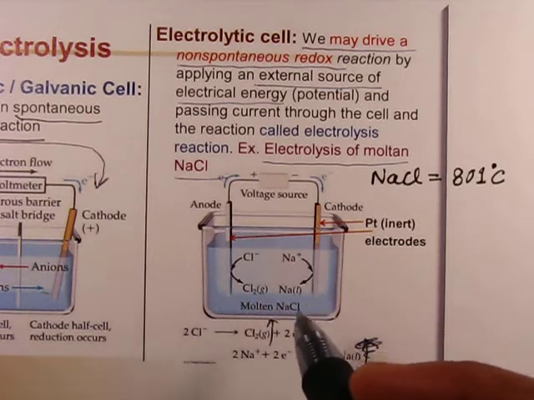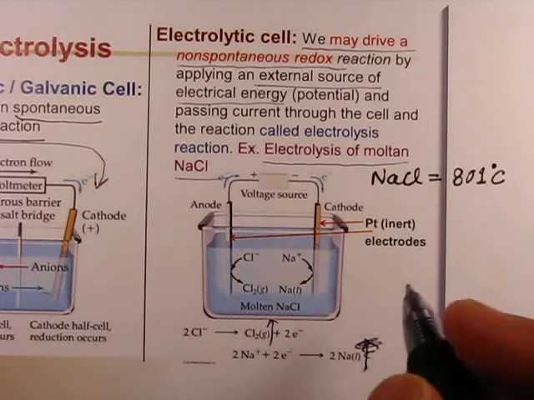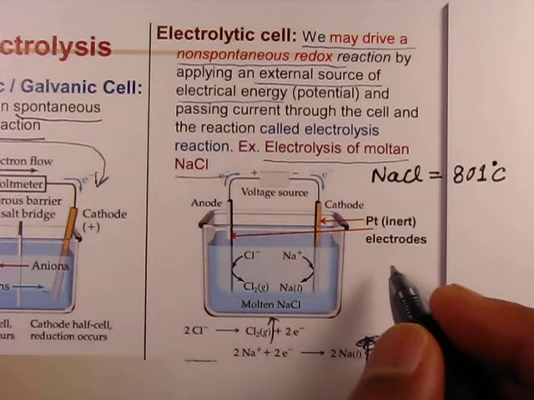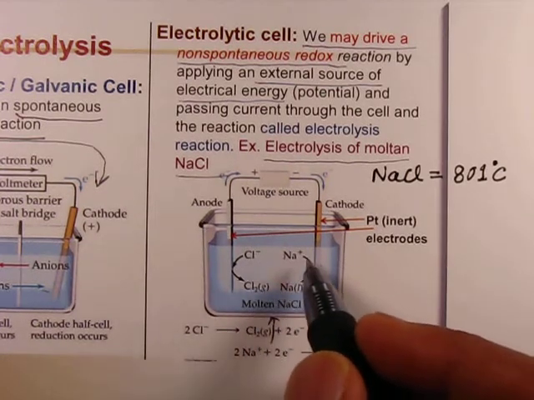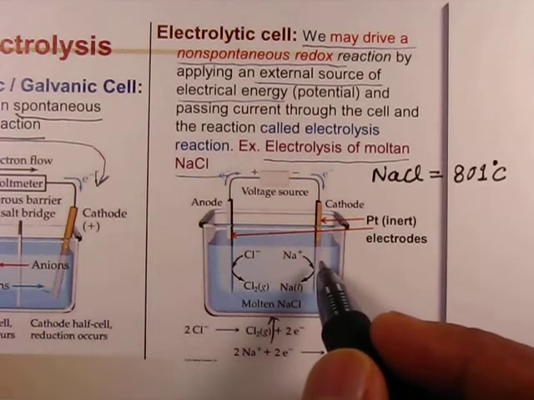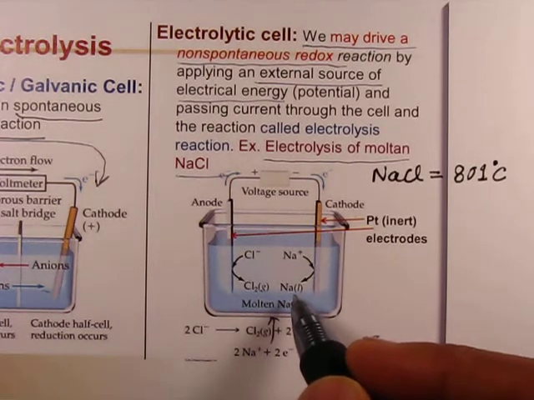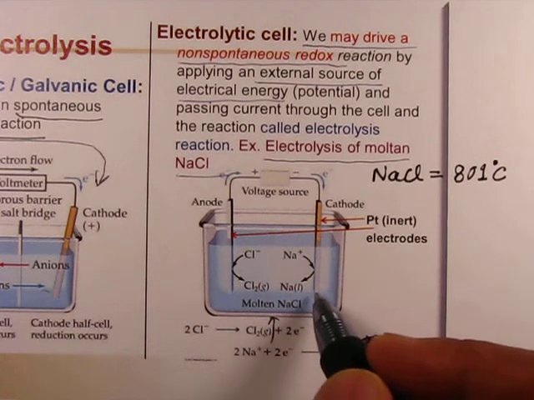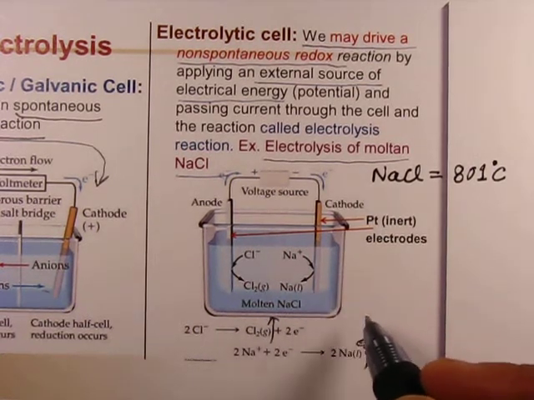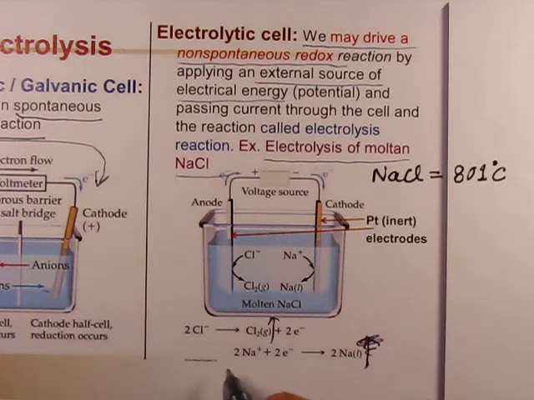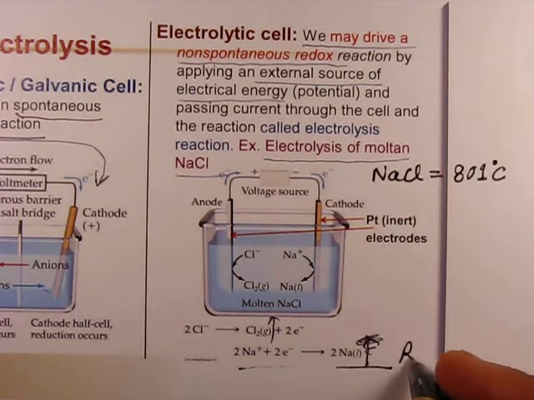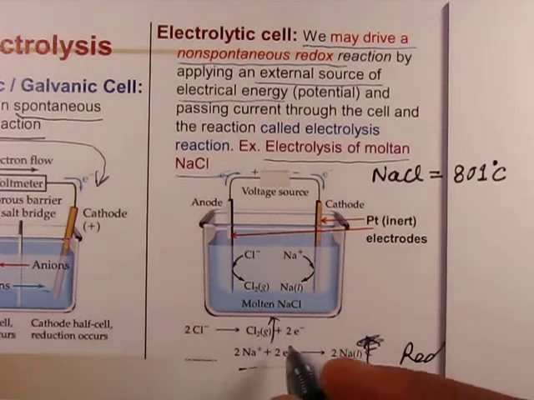And what happens in this case is that sodium ions get electrons from the cathode and are reduced into sodium metal, molten sodium metal, which is in liquid form. This is the reduction half reaction.